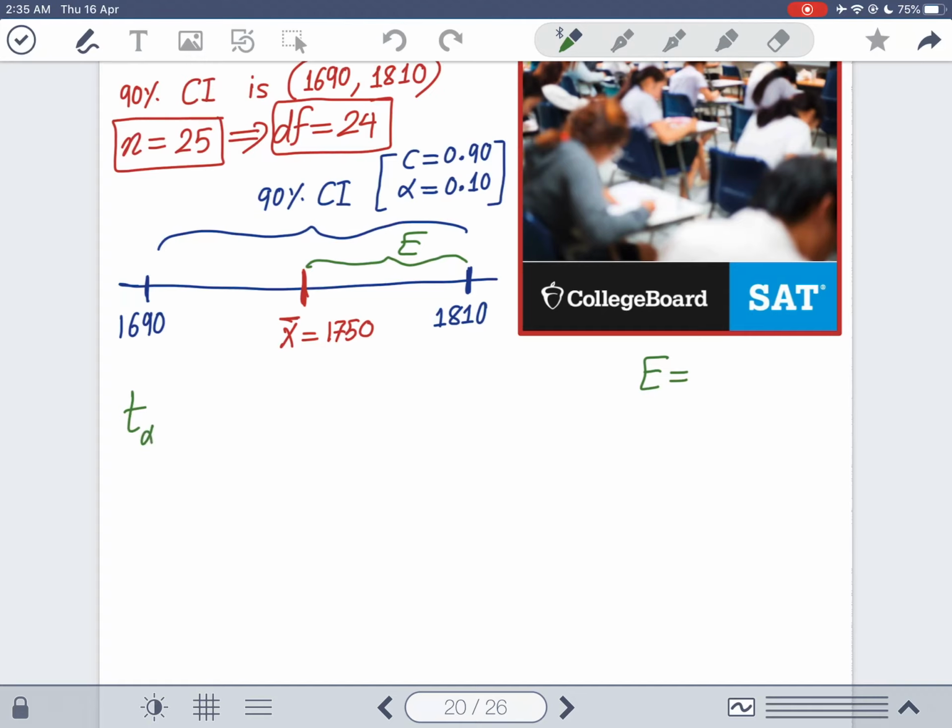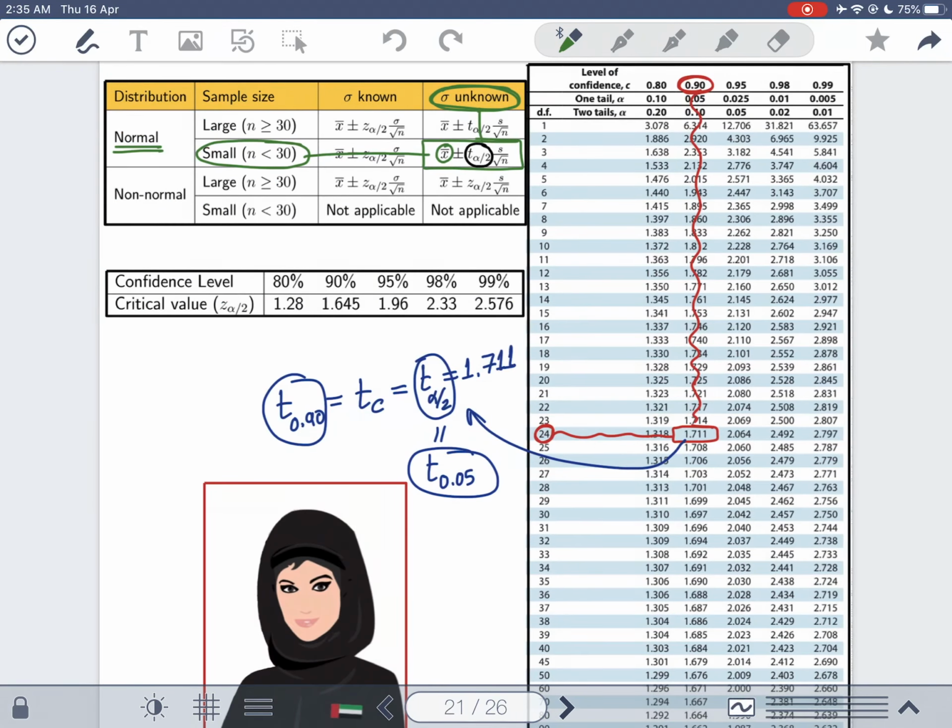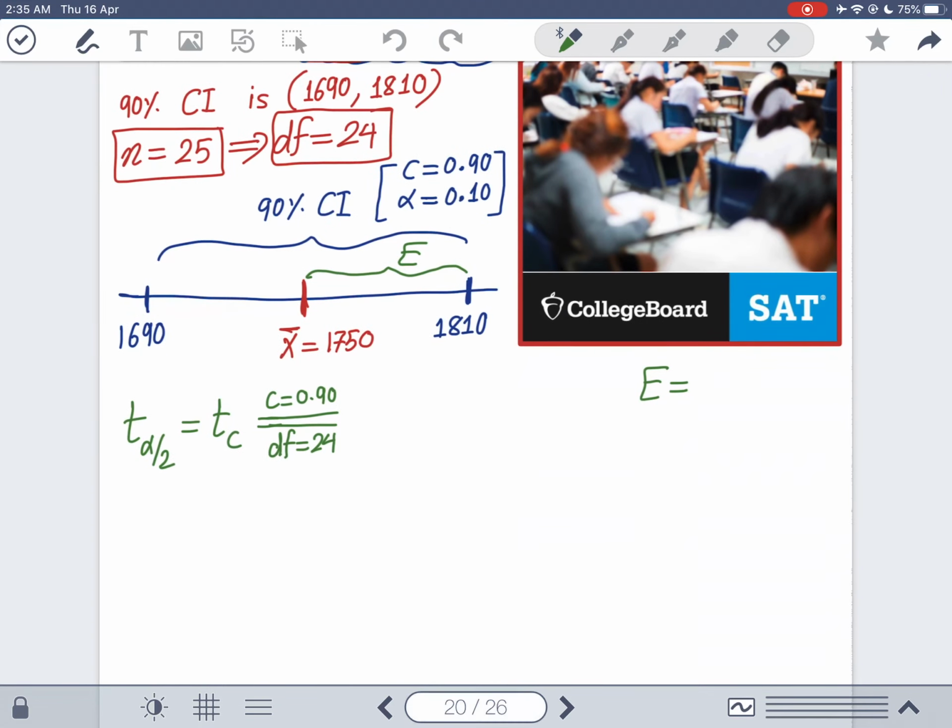T sub alpha over 2, which is t sub C, for C equal to 90% and degrees of freedom 24, we found that it is 1.711. So let's write this here, 1.711.